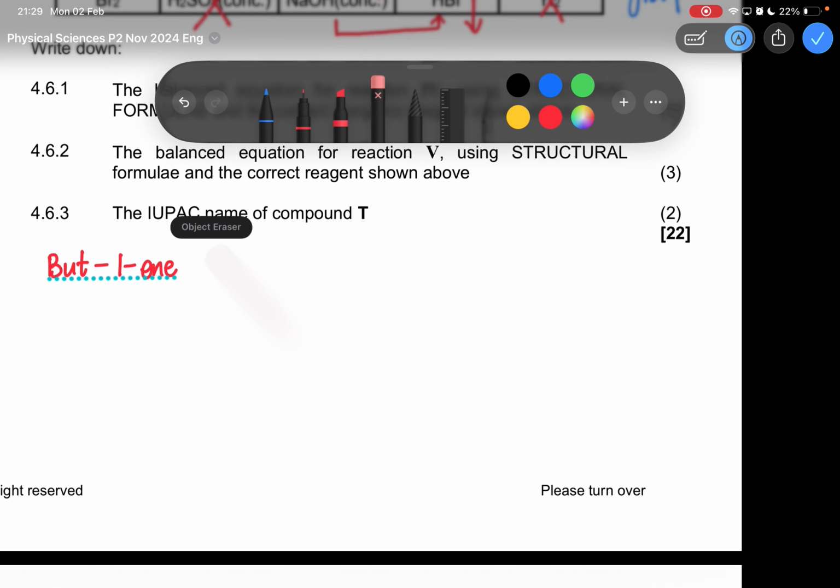It's undergoing addition, remember? So it's going to be 2-bromobutane. But you'll be asking, how did we get to 2-bromobutane?